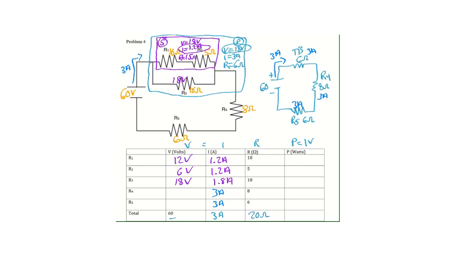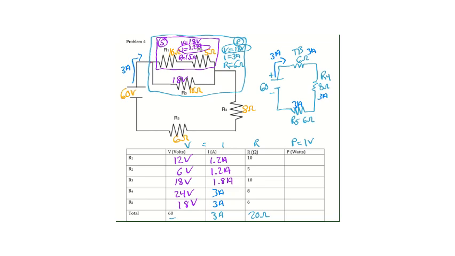And for R4, 3 amps times 8 ohms is going to give me 24 volts. And in R5, 6 ohms times 3 amps is going to give me 18 volts.